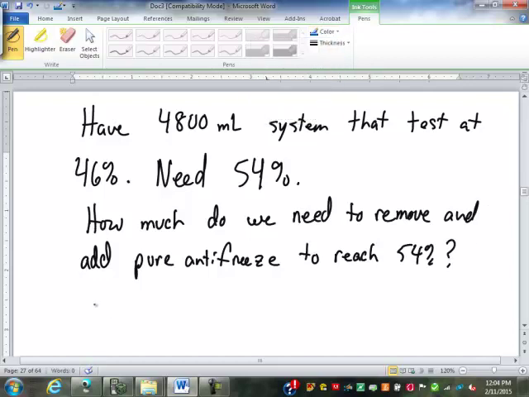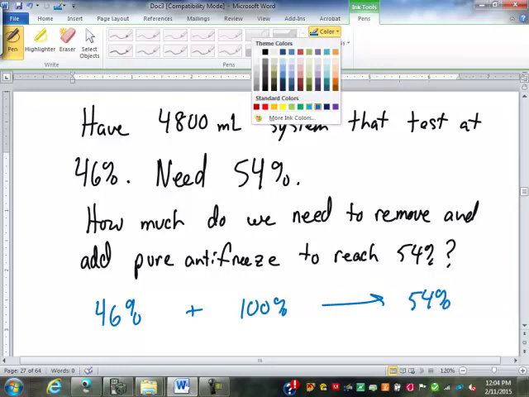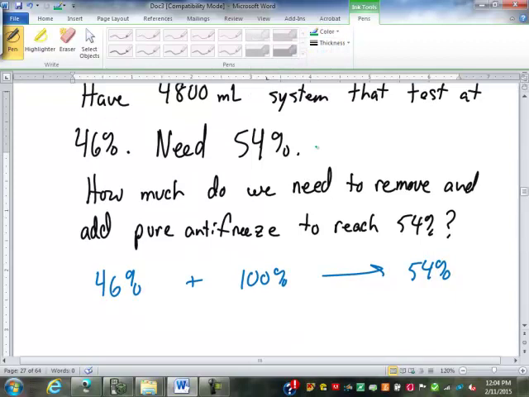So this one's a little trickier. We have the 46%. We're adding 100%, pure antifreeze again, and going to a 54%. Well, we're asking how much of the pure antifreeze we need to add, or need to remove and put in. Well, the amount that we remove is going to equal the amount we put in.